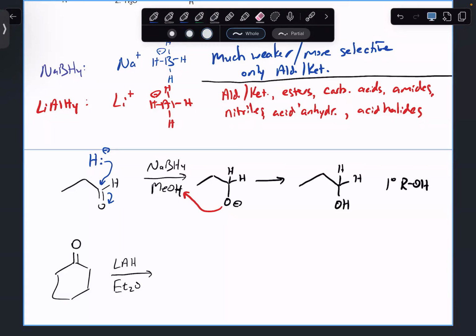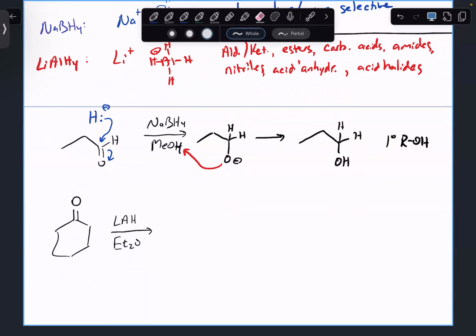Now, the lithium aluminum hydride, like I said, is much, much more reactive. So notice the difference here. Oh, by the way, very, very commonly, in fact most often, people will simply abbreviate lithium aluminum hydride as LAH. Notice the distinction between the two reactions. With the borohydride, we're using a protic solvent to dissolve everything.